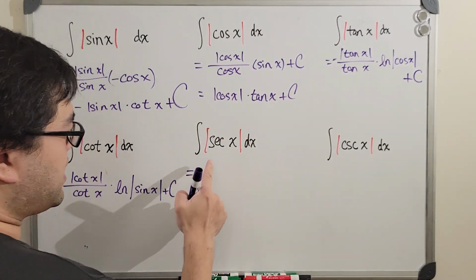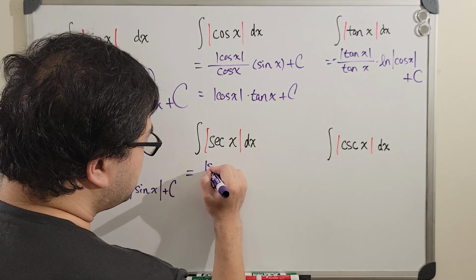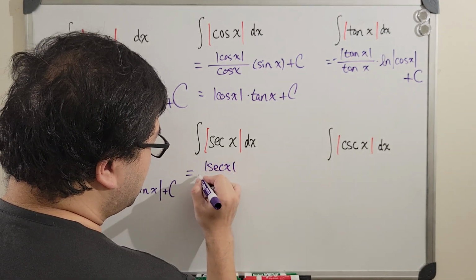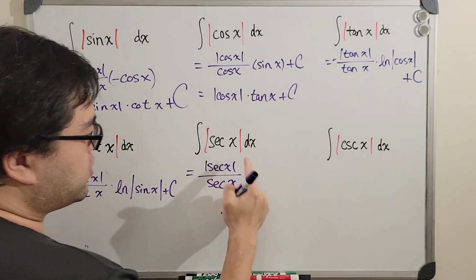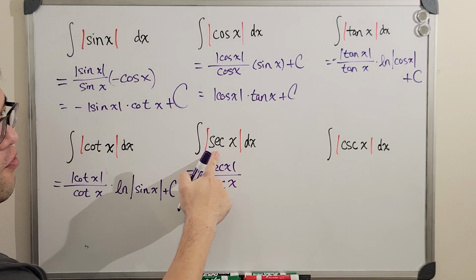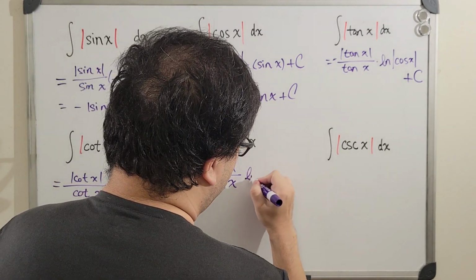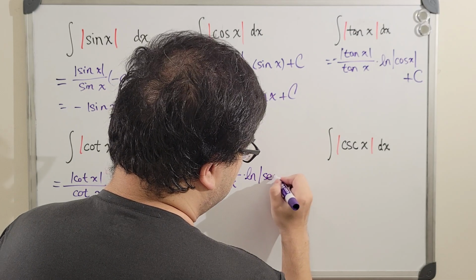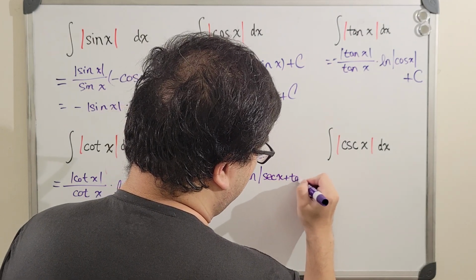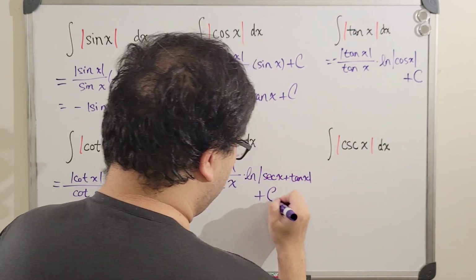All right, now if we continue, we'll be able to get the similar thing. And what is the antiderivative of secant? It will be natural log of secant of x plus tangent of x. And don't forget we have a plus c.